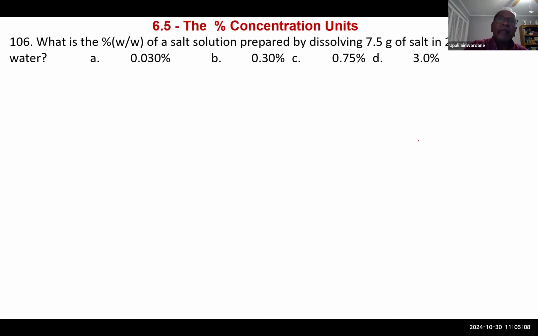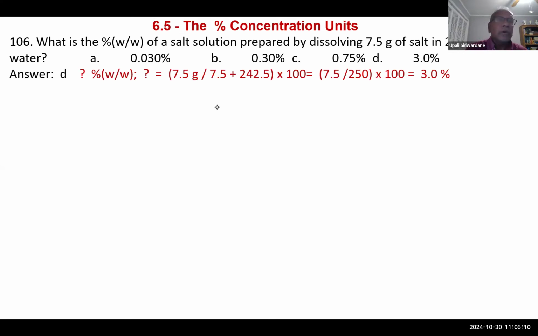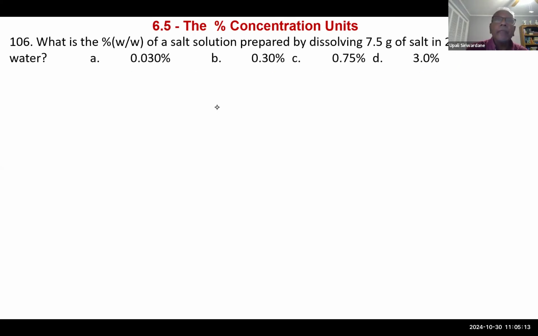Let's do another problem. A volume by volume salt solution is prepared by dissolving 7.5 of salt. That's the part. This is the solvent, 242.5.